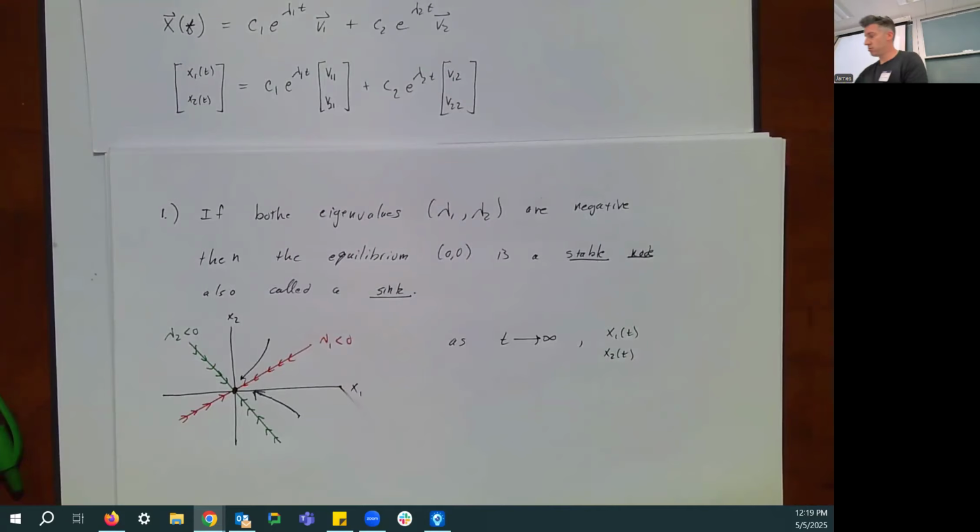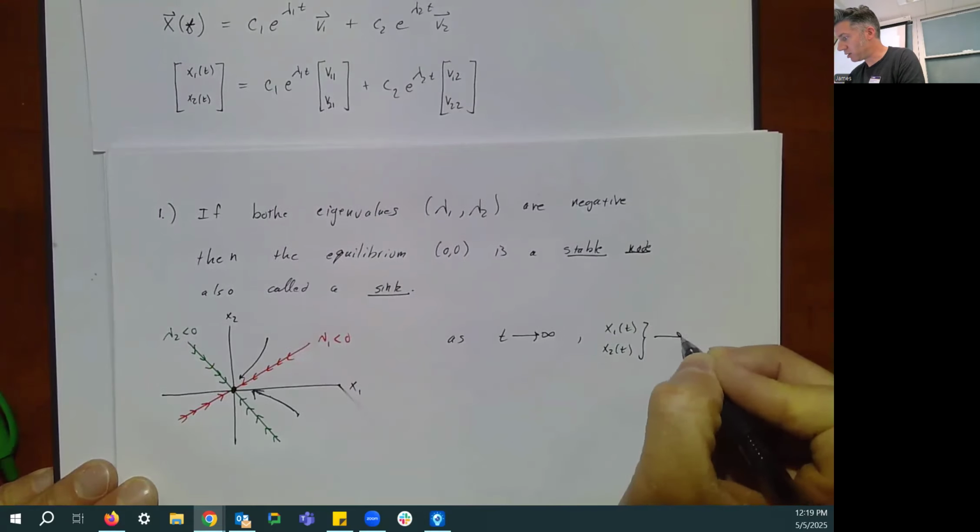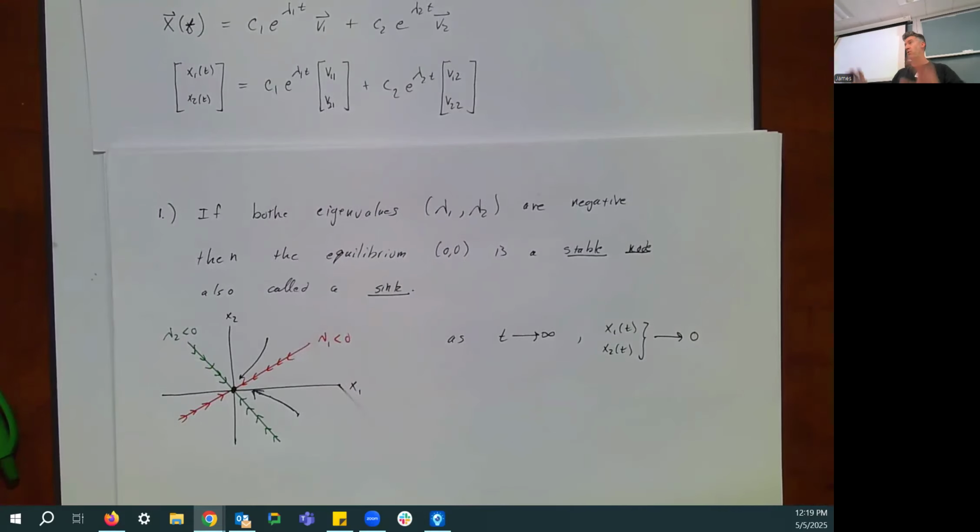So these go to 0, meaning no matter where we start, we get closer to the origin eventually. So long story, much shorter: eigenvalues both negative, stable node, meaning everything's just pointing inwards.